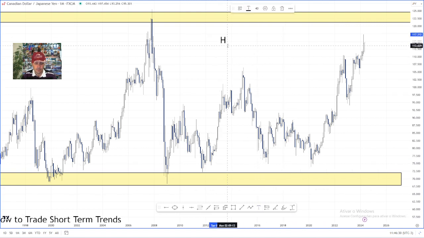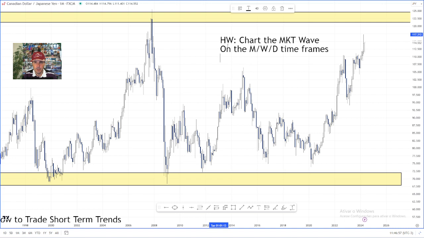Homework: chart the market wave, the structure, the market trend, on the monthly, weekly, daily time frames, on the currency pairs of your interest, the currency pairs that interest you, right?